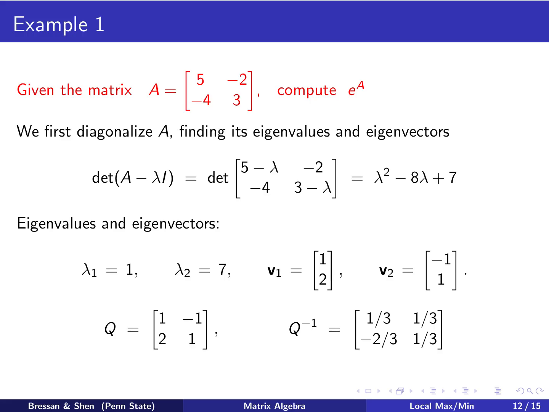So you carry out the normal computation: find the characteristic polynomial and find its roots, and you get two eigenvalues, lambda 1 and lambda 2. Then you carry out the procedure to find the two eigenvectors. Then you can form the Q matrix by collecting the two eigenvectors, and you will have the inverse of Q, which you can work out.